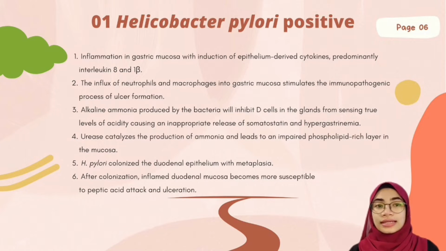The urease catalyzes the production of ammonia and leads to an impaired phospholipid layer in the mucosa. Helicobacter pylori colonize the duodenal epithelium with metaplasia, and after the colonization, inflamed duodenal mucosa becomes more susceptible to peptic acid attack and ulceration.